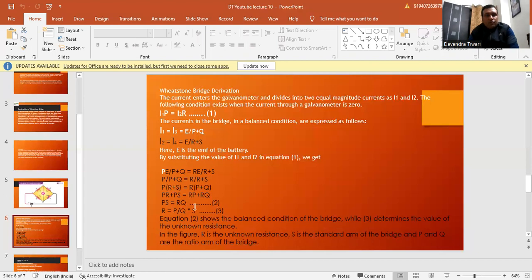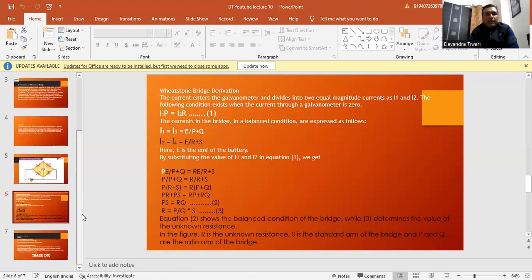In this equation number 2, we can find R, which equals P divided by Q into S. So equation number 2 shows the balance condition of the bridge, while equation 3 determines the value of the unknown resistance. In this figure, R is the unknown resistance, S is the standard resistance of the bridge, and P and Q are the ratio arms of the bridge. In this way, we can find out the unknown resistance R.